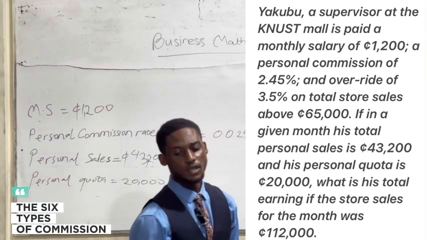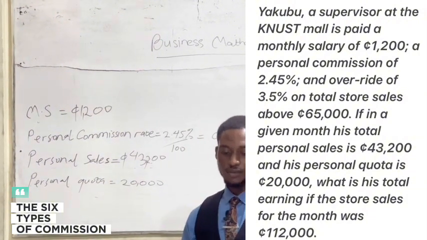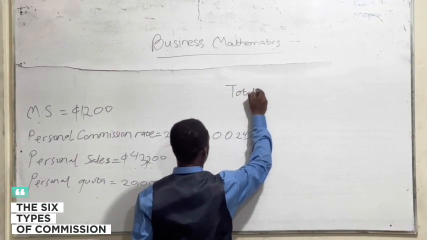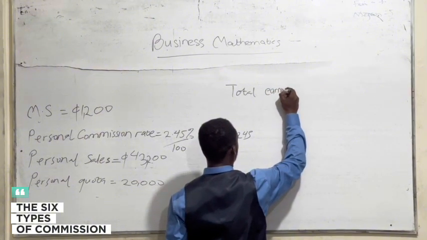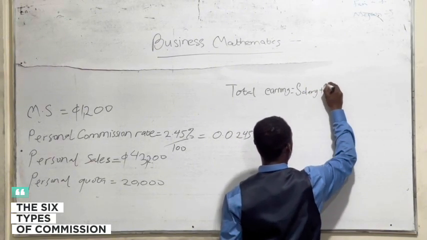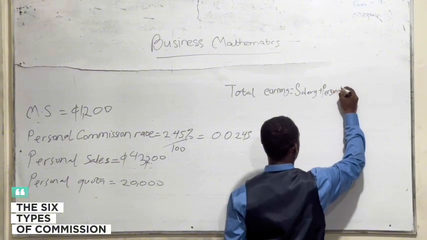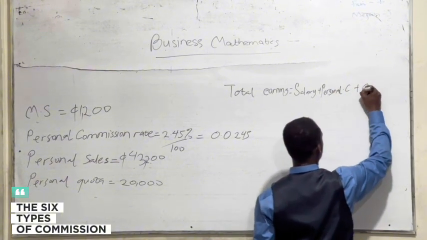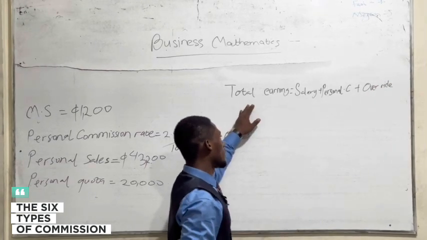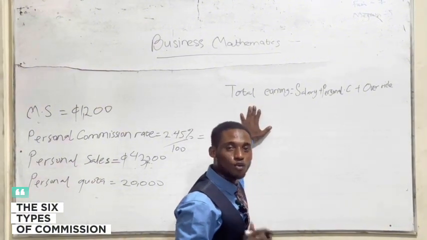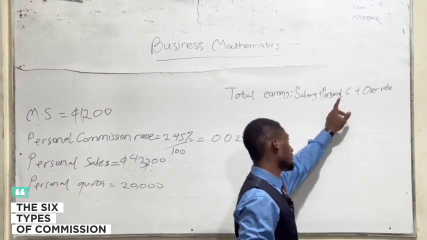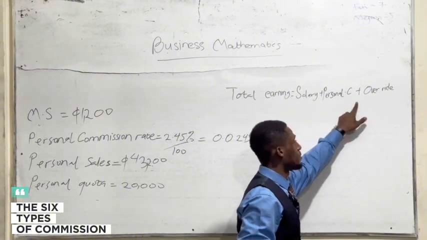When it comes to override commission, the formula for finding total earning is total earning equals salary plus personal commission plus override.